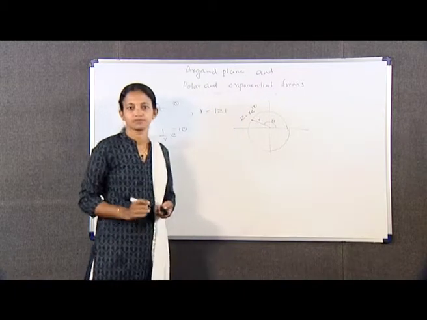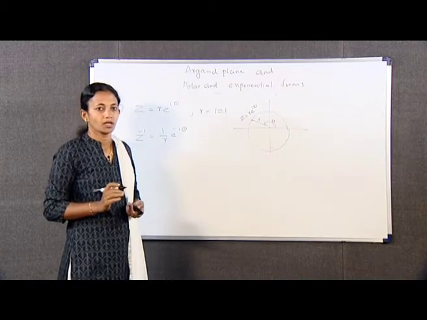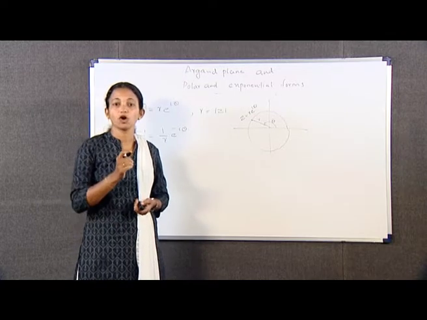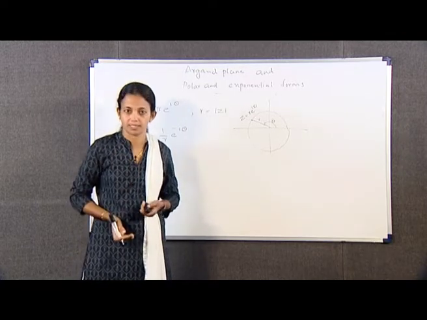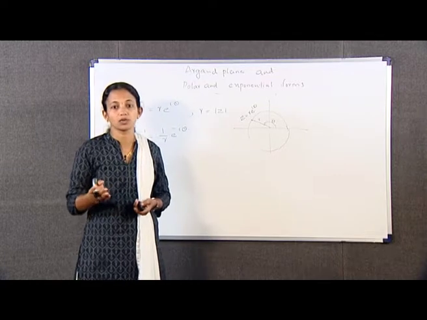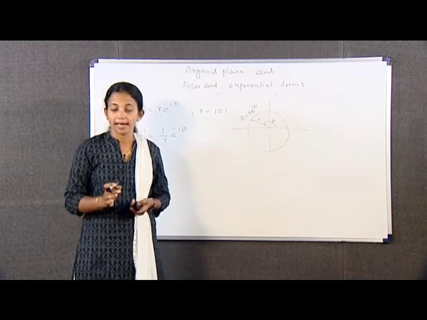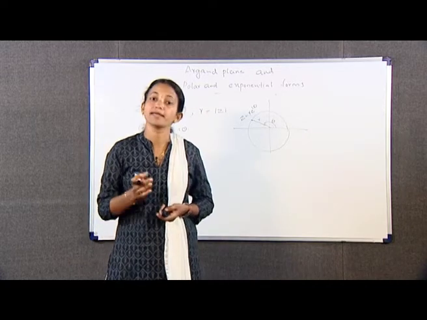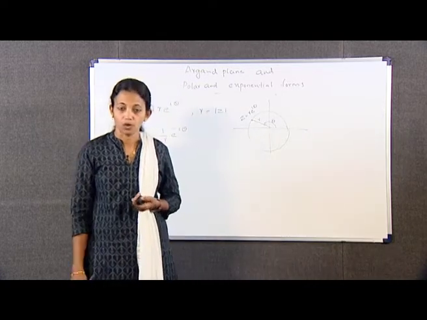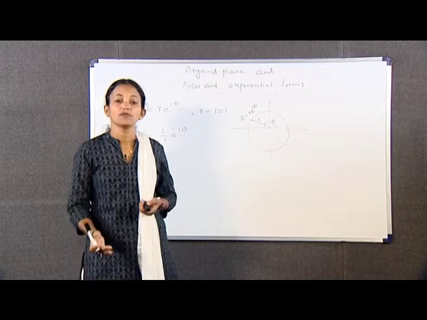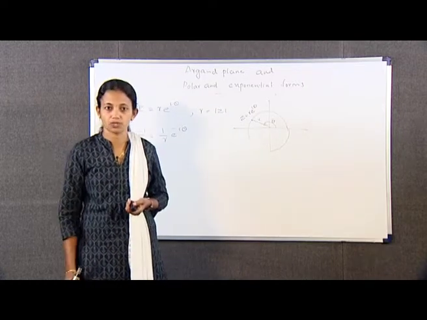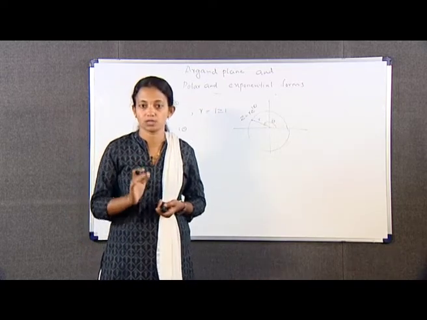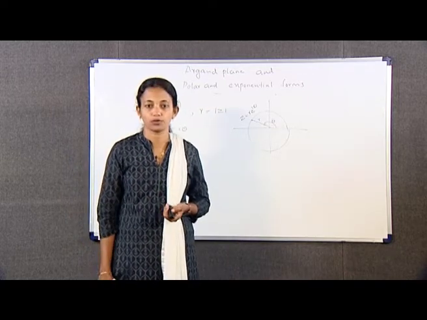In the earlier example, we have seen that for the complex number minus 1 minus i, the modulus r is equal to square root of 2, and the principal amplitude, the argument of z, is equal to minus 3 pi by 4. Also r is equal to square root of x square plus y square, which is equal to square root of minus 1 square plus minus 1 square, which is equal to square root of 2.